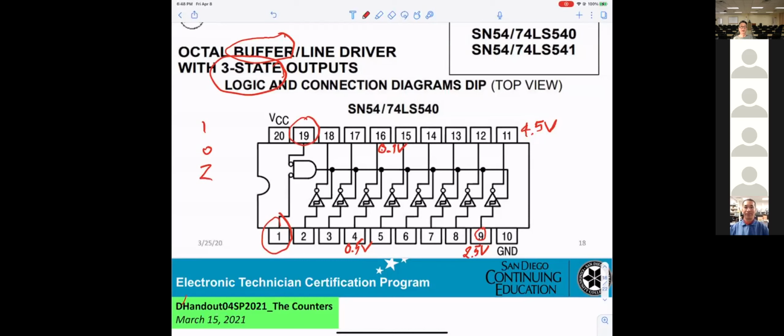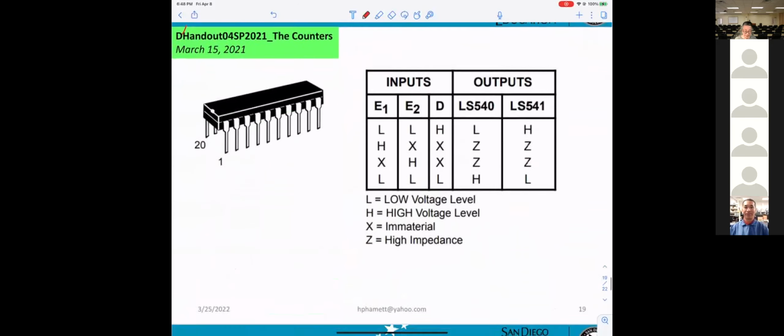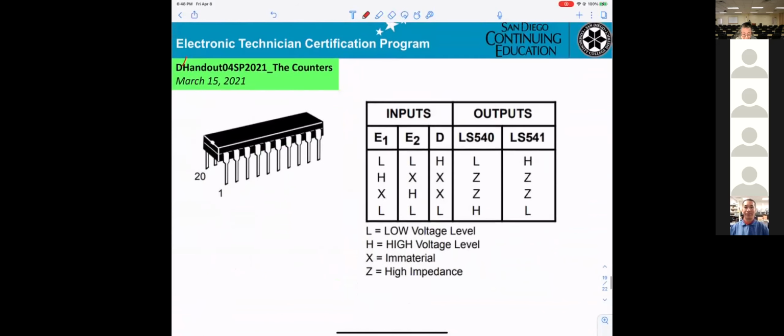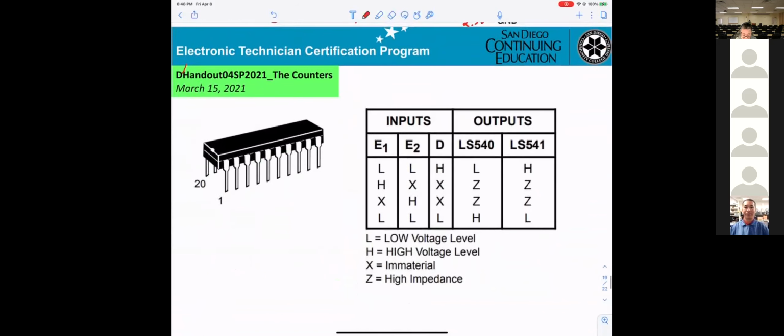It can be either 540 or 541, depending on the pin. Okay, this is the IC here. They've given you the truth table. One applies for 540, one applies for 541.